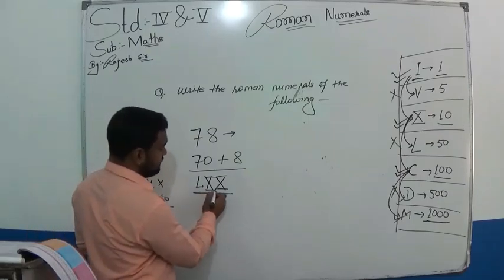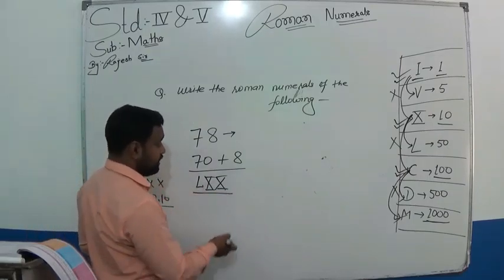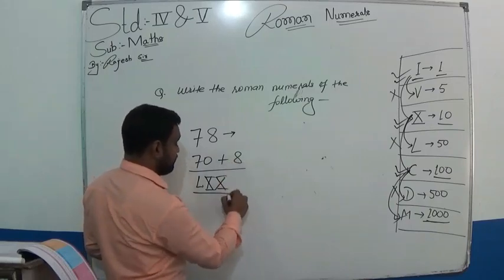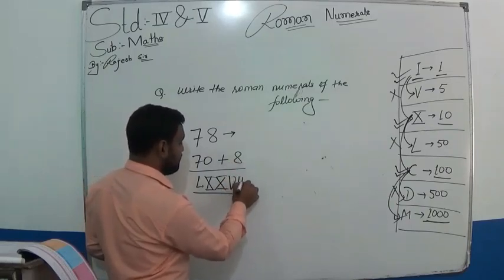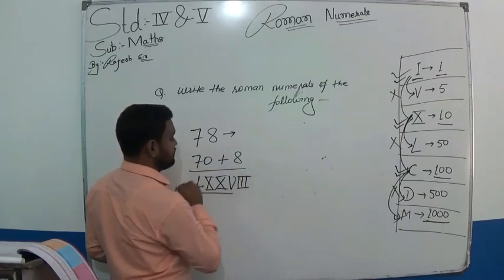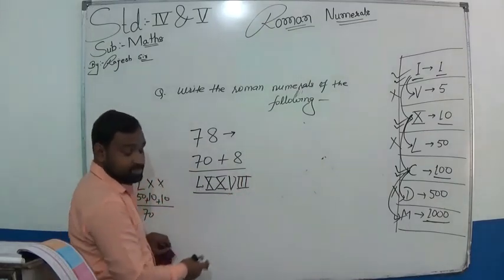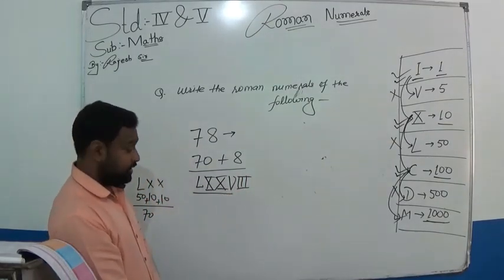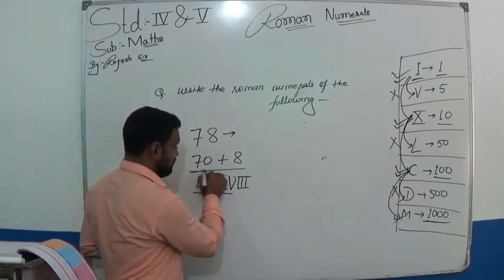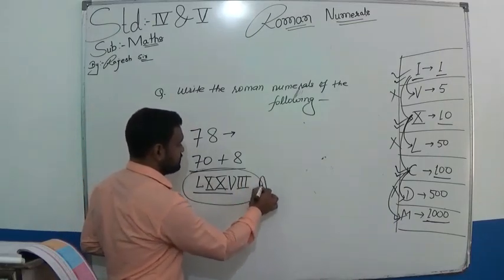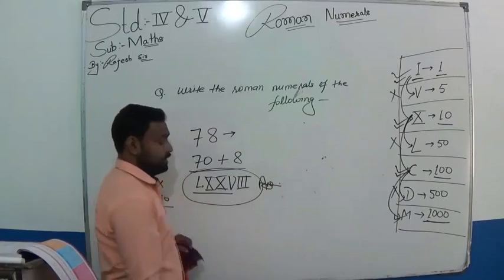That's why LXX. Now we have to write 8. For 8, you know 5 plus 3 times 1 is 8. That will be your answer.